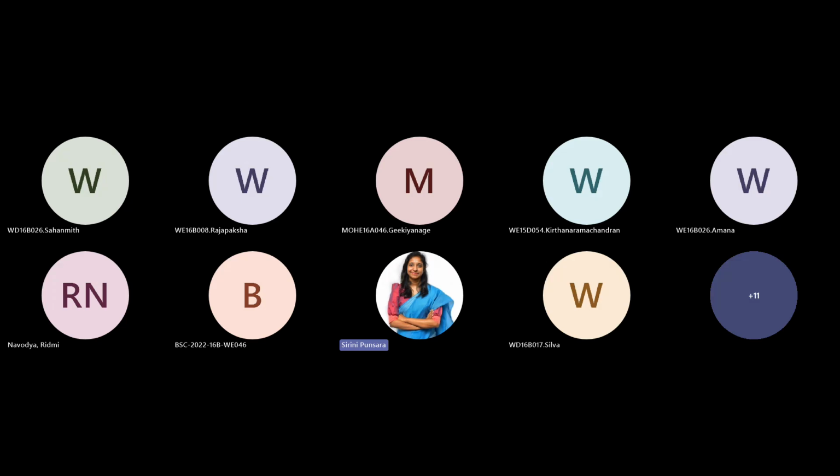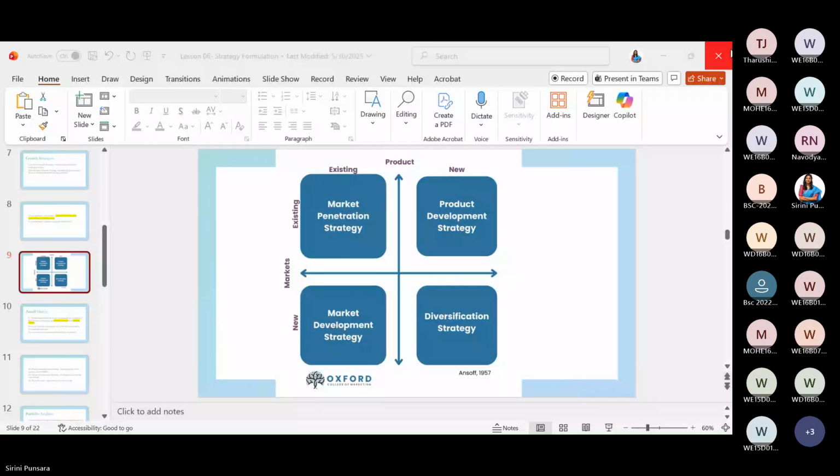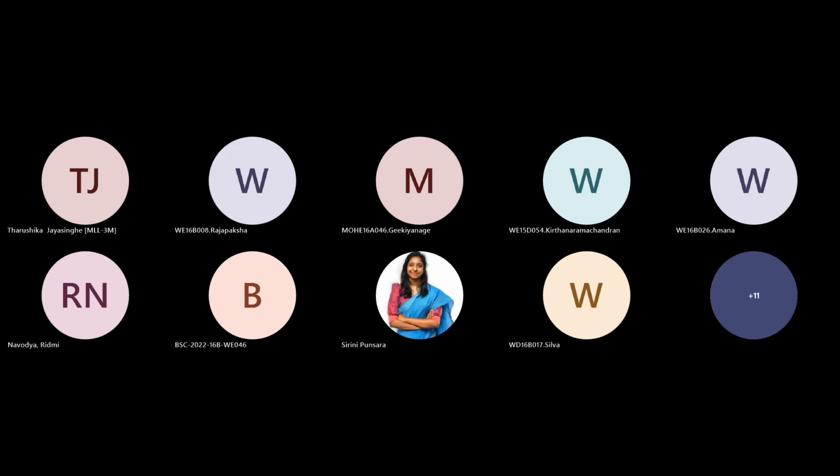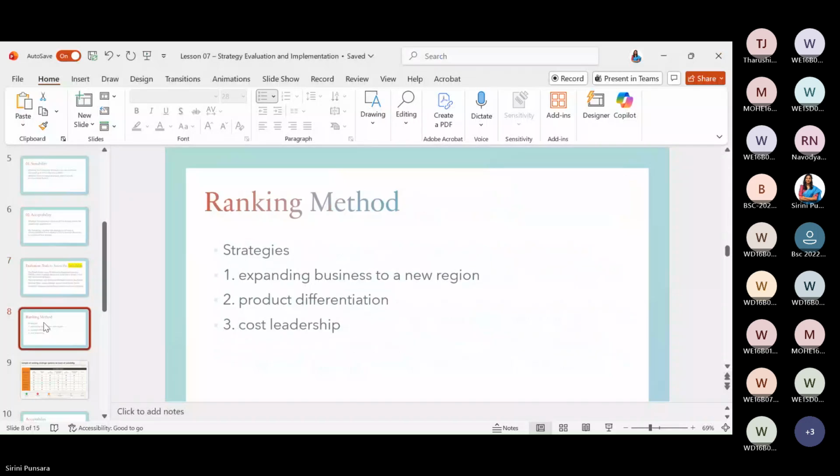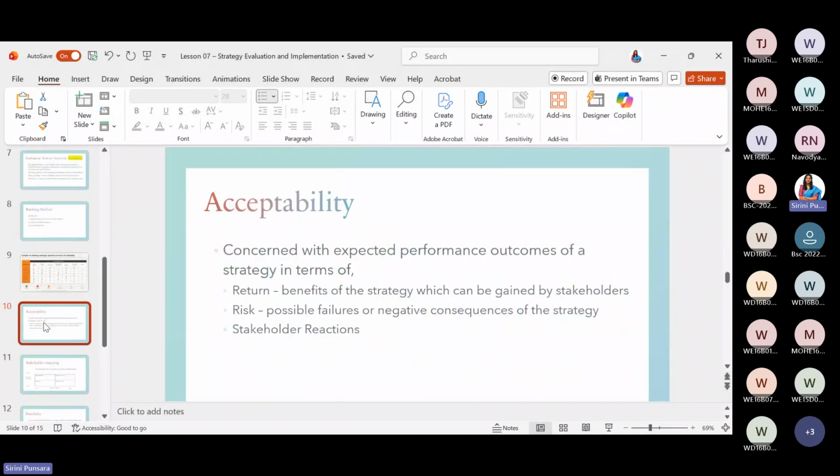So I will go back to the slide. This is the second one, acceptability. So in acceptability, we are going to measure whether it is in line with stakeholder expectations.